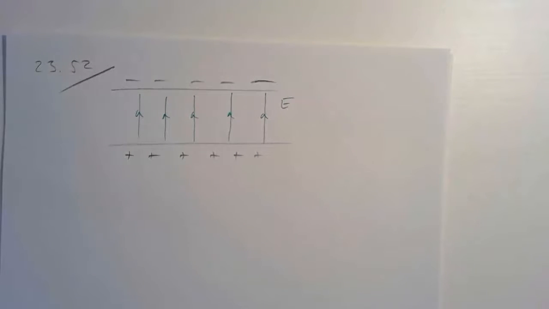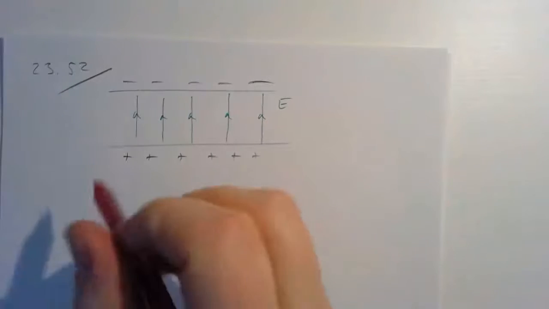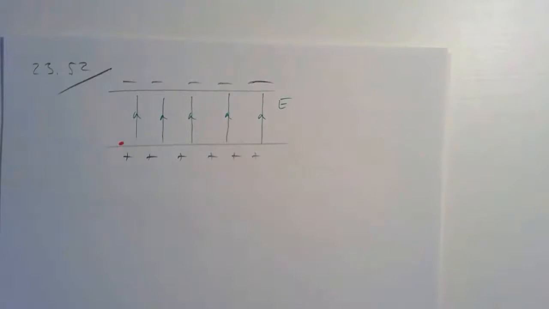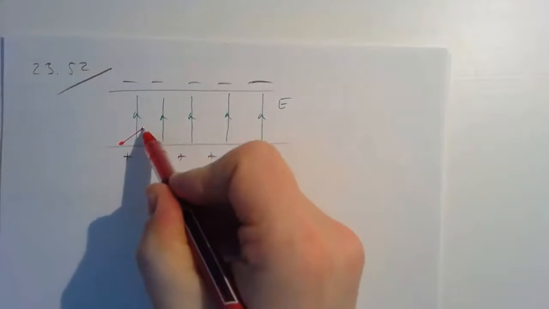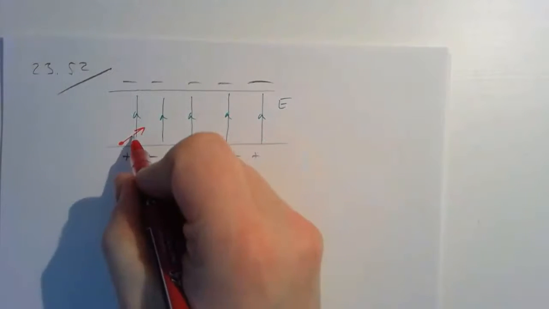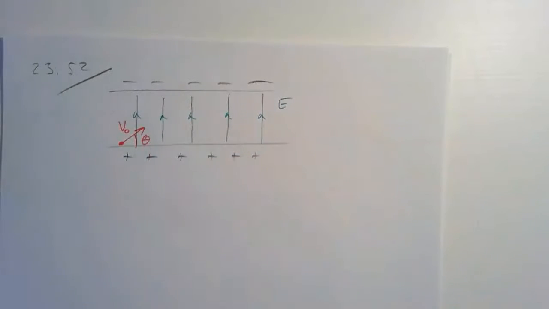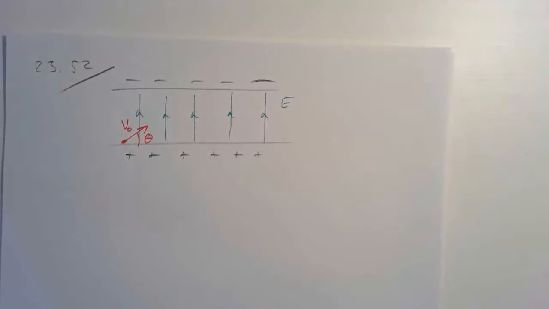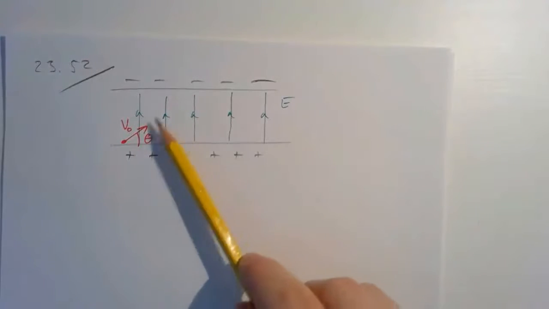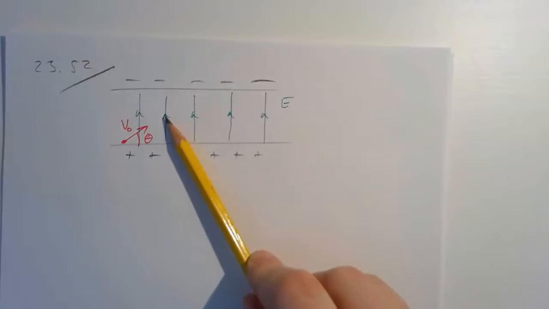Okay, and now we're going to place an electron, I believe. Let me double check. Yes, we're launching an electron from somewhere here by some mechanism. We're giving it some initial velocity, let's call it v0, at some initial angle theta. Now, as long as the electron is anywhere between the two plates, there's going to be a force on it.